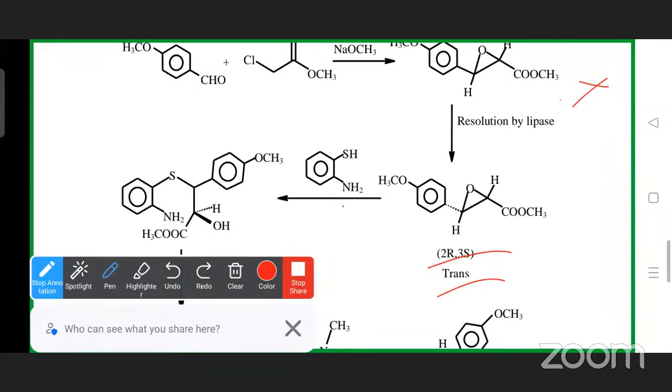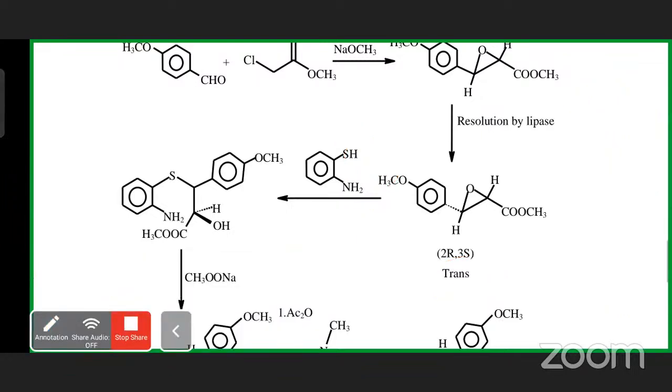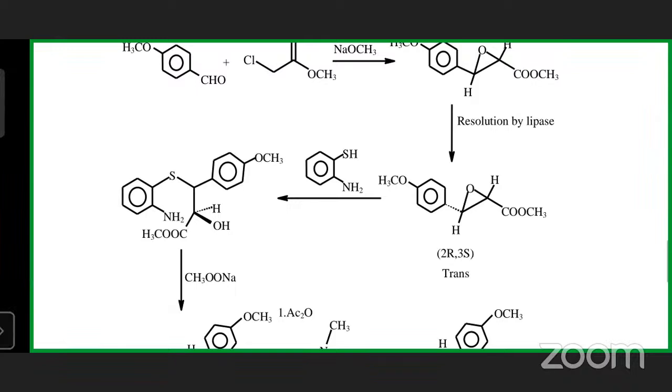Yeah, so here is the amino thiophenol, a thioalcohol, right? By treating with the amino thiophenol, where is this thiophenol going to add? It is attached on this particular intermediate compound here, the 2R, 3S compound.